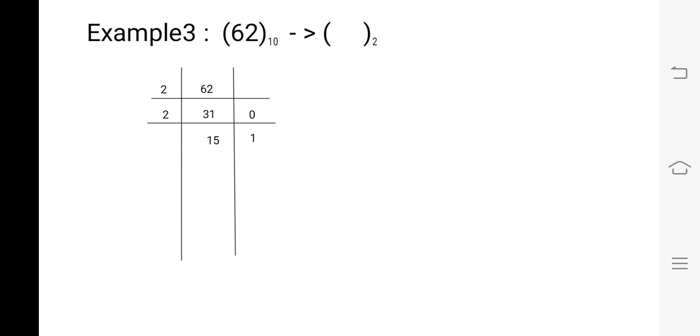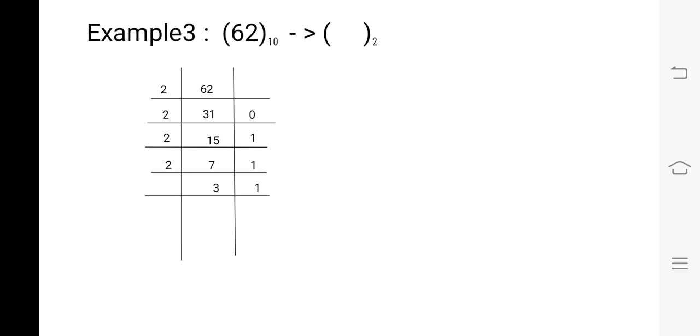We note down the remainder on the right side. 15 is again an odd number but divisible by 2 because it is greater than 2. 2 multiplied by 7 equals 14. Remainder 1 is coming. Now 7 is greater than 2, so we divide 7 by 2. 2 multiplied by 3 equals 6. 7 minus 6 equals 1.